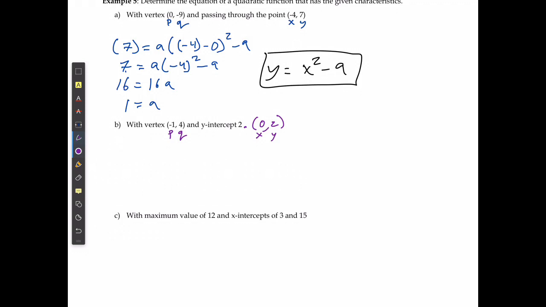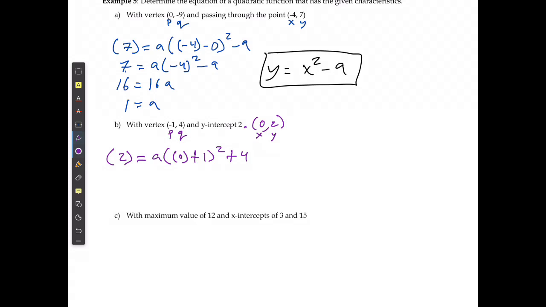So I can state that 2 is equal to a bracket x is 0 minus -1 is going to become plus 1 squared and then plus 4 for the q value.